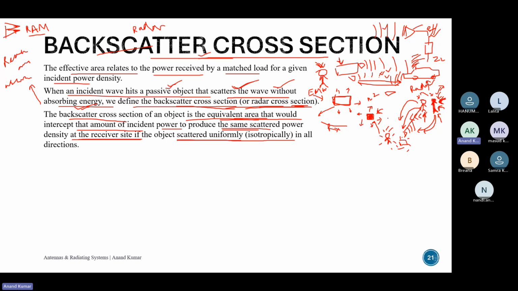There is other object which also scatters in different directions. So we need to calculate the effective area of an isotropic object which will scatter the waves isotropically in all directions. So this effective area which would scatter isotropically in all directions, in a similar fashion as me, is my radar cross section.